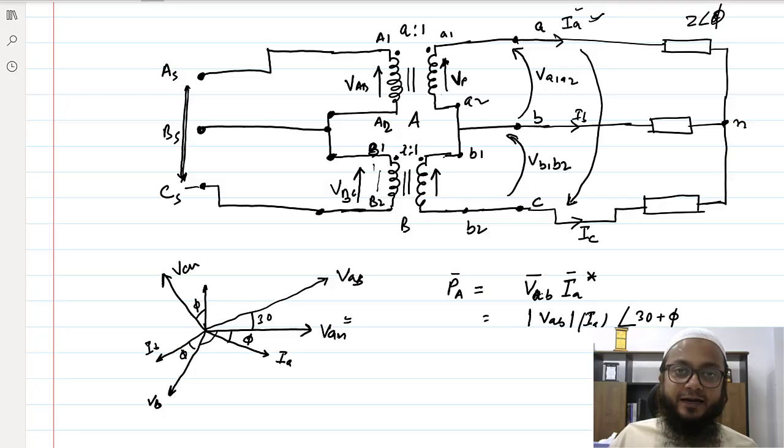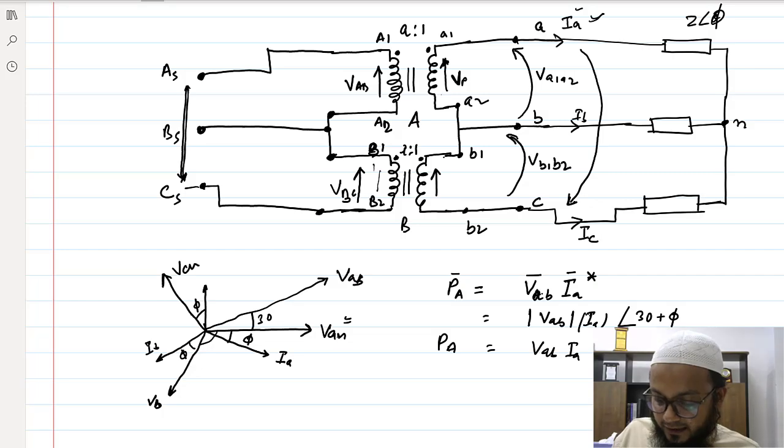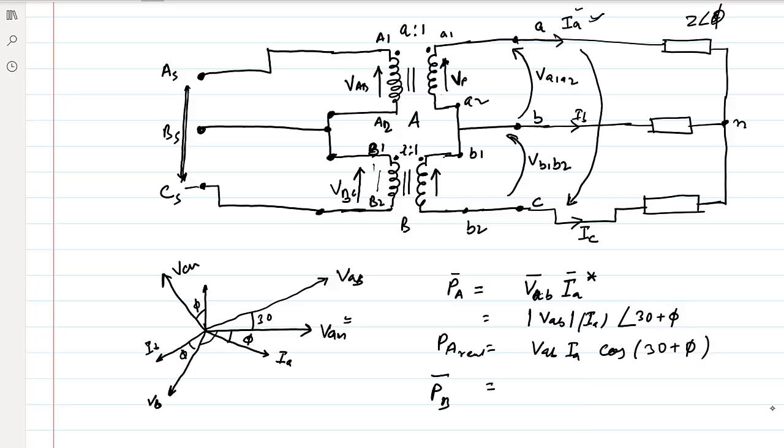So if you find the real power, it would be cos of 30 plus phi. Let's say PA, real power, that would be VAB IA cos of 30 plus phi. And what about PB, the power sent by transformer B?